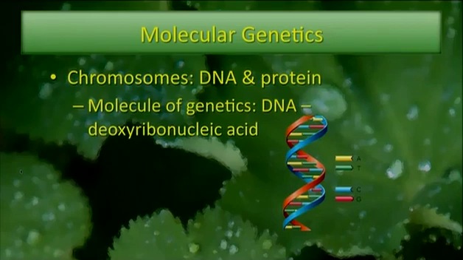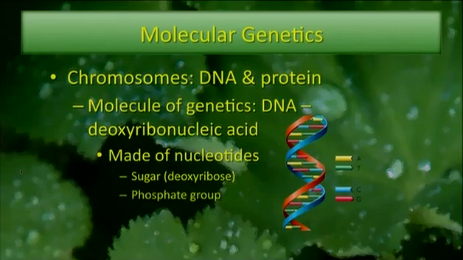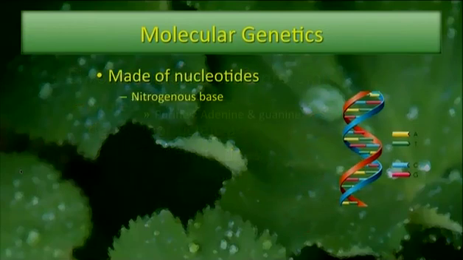This is review. DNA is deoxyribonucleic acid, and the subunits are called nucleotides, remember that? Nucleotides are made up of a 5-carbon sugar, in this case called deoxyribose. The nucleotide is also made up of a phosphate group, and thirdly, a nitrogenous base.